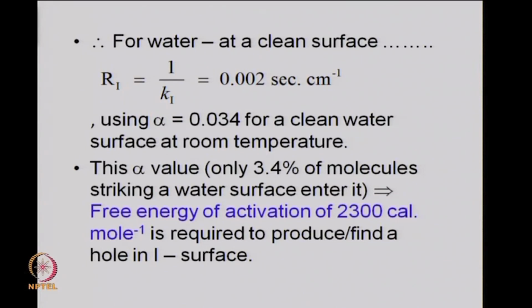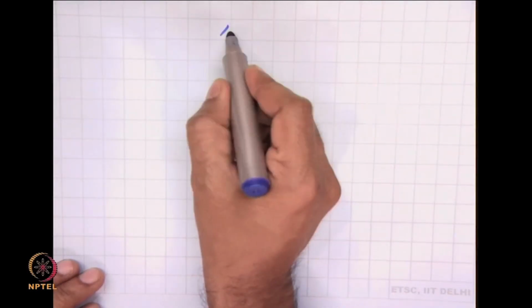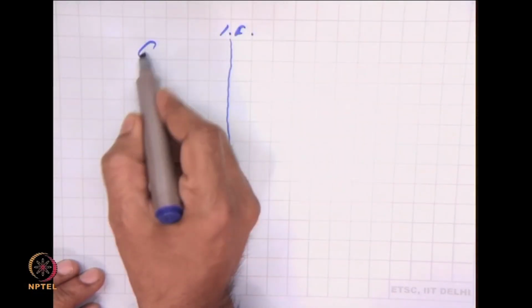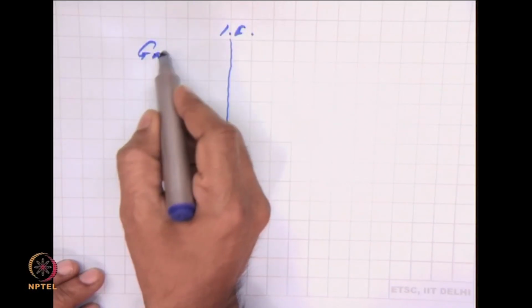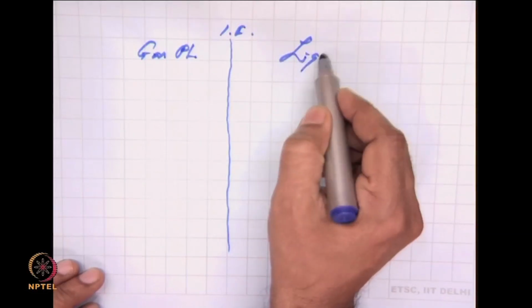And if you do this calculation, then it works out to be 2,000th of a second per centimeter. So, let me just record this in this diagram, so that you have a comparative idea of the resistances. We have an interface here, let us say the gas phase here and liquid phase here.